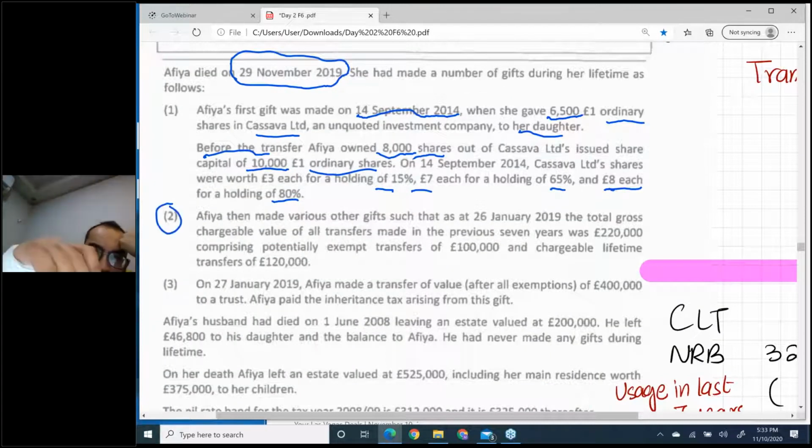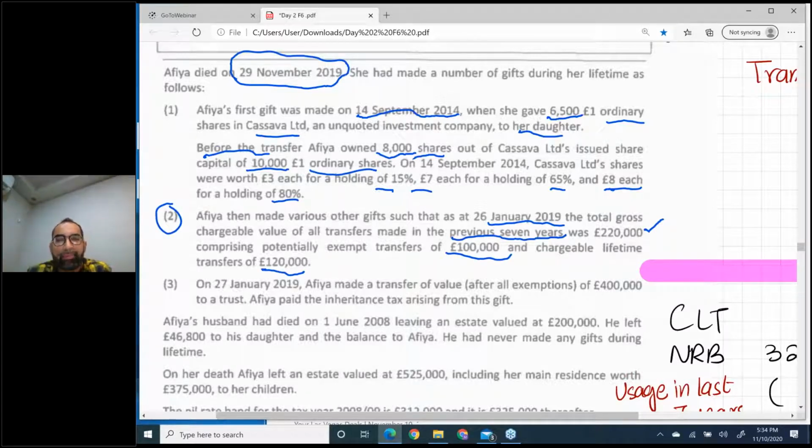Afia then made various other gifts such that on 26 January 2019, the total gross chargeable value of all transfers made in the previous 7 years was 220,000, comprising a potentially exempt transfer of 100,000 and a chargeable lifetime transfer of 120,000. Just think Afia is alive right now. In these stories, Afia is alive, no more dead, right?